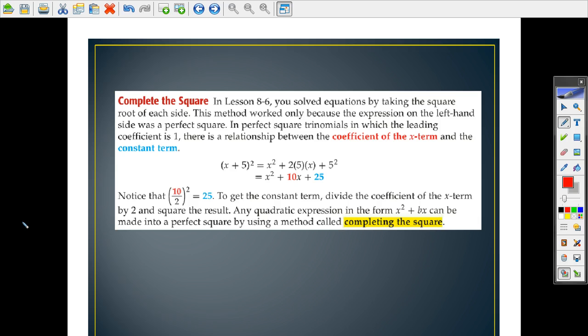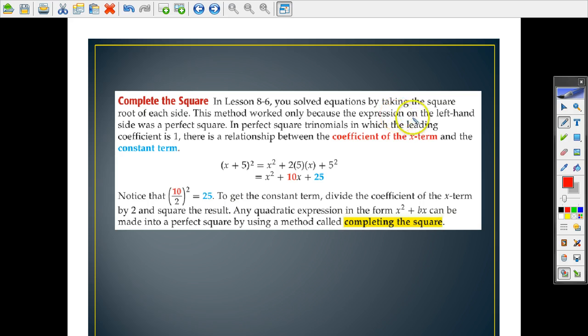In lesson 8.6, you solved equations by taking the square root of each side. This method worked only because the expression on the left side was a perfect square. In perfect square trinomials in which the leading coefficient is 1, there's a relationship between the coefficient of the x term and the constant.